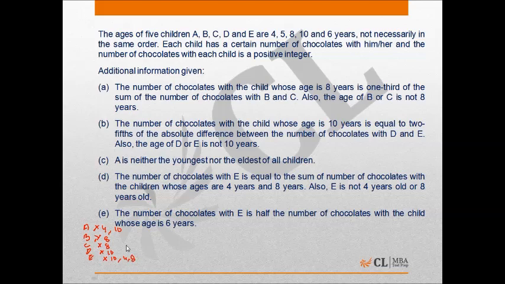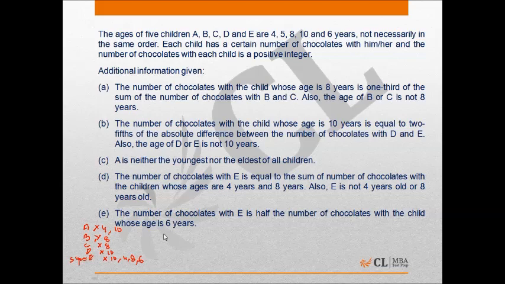In the last statement, it is given that the number of chocolates with E is half the number of chocolates with the child whose age is 6 years. From here, it can be inferred that the age of E is not 6 years. So it becomes clear from these 5 statements that the age of E is 5 years.